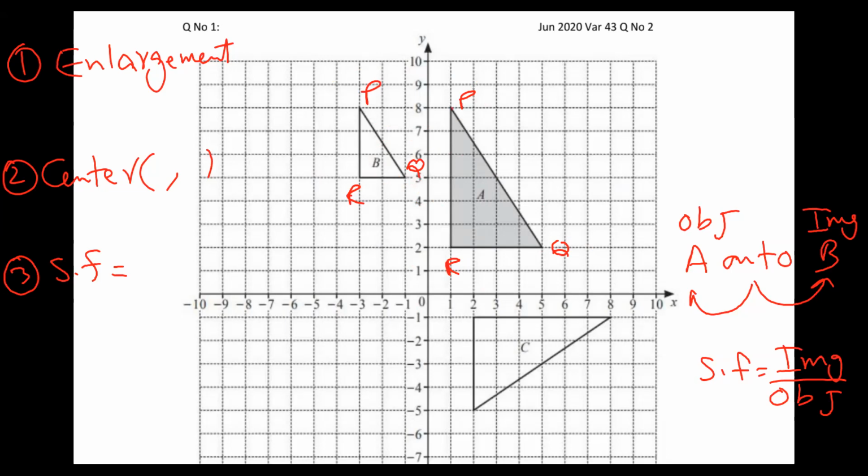I'm joining P with P dash, so you can see I got this kind of line. Now I join the second pair, R with R dash.